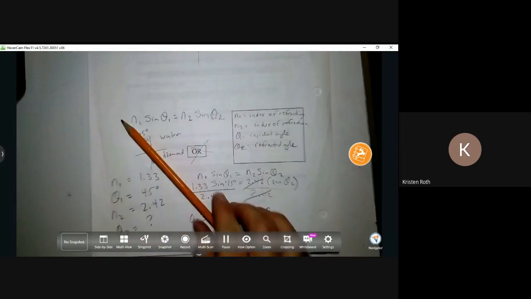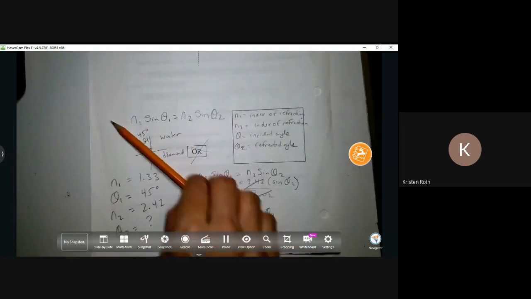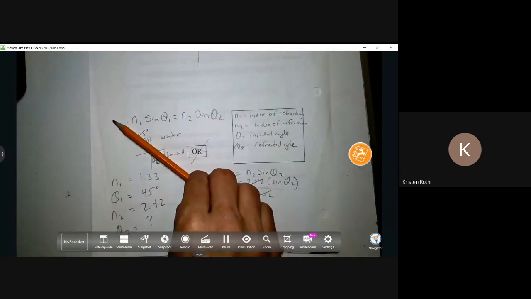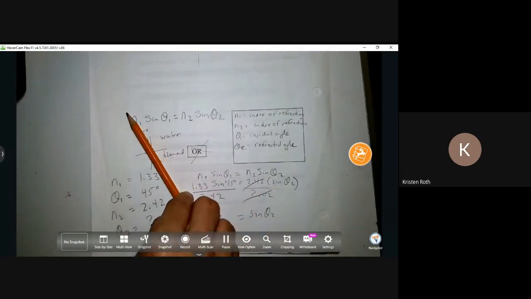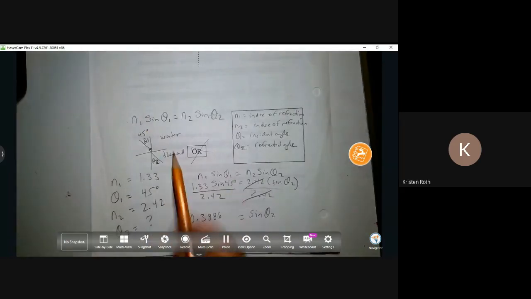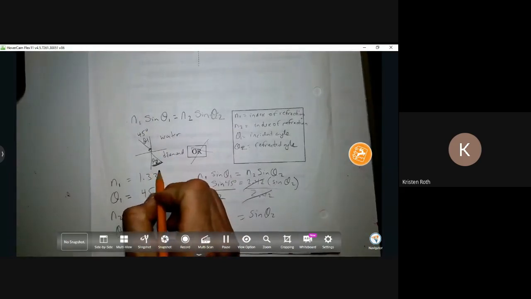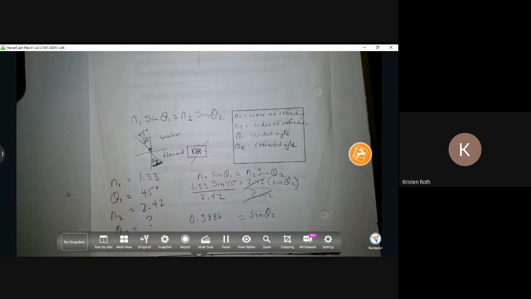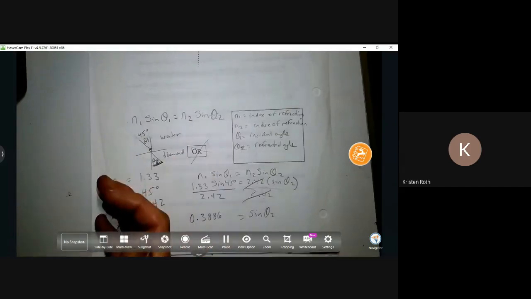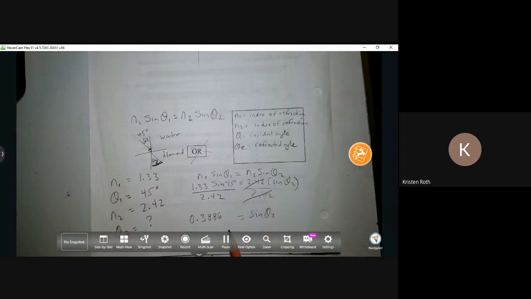Well, it's going to slow down. And when it's slowing down, it's going closer to the normal, which means that this angle should be less than 45 degrees, okay? And as you get more comfortable with this, you'll be able to pick those tidbits out, and it helps you to find out if you did the right answer.